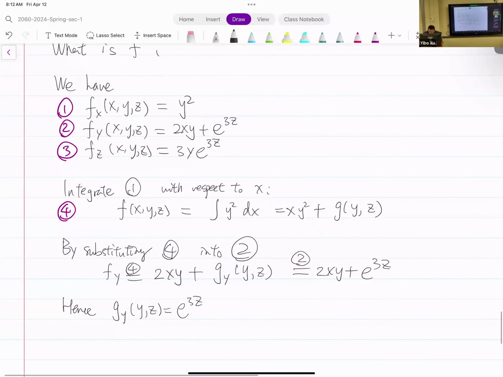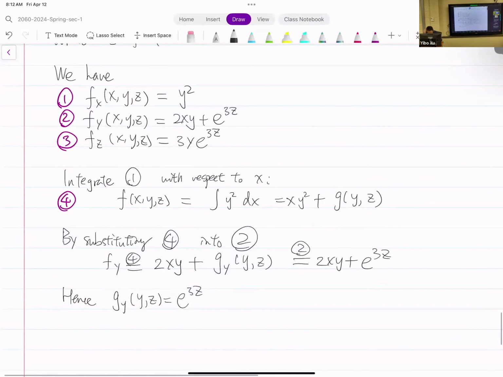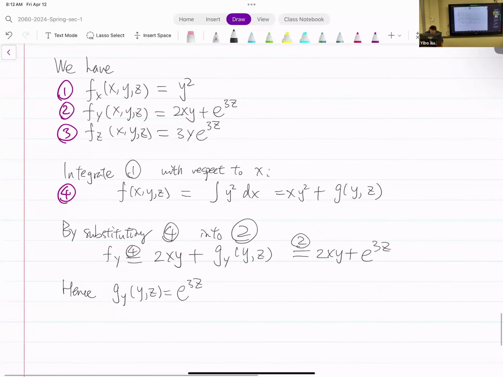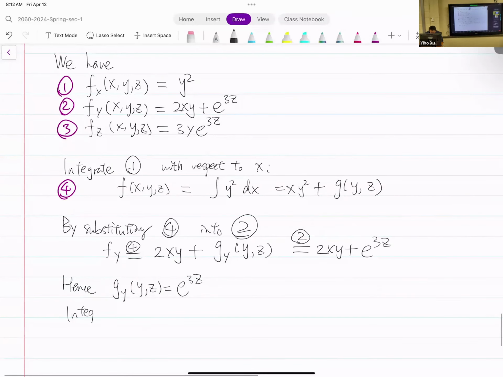So now we have one more piece of information about that little function g. And then what do we know about g itself? So integrating with respect to y, we have y.